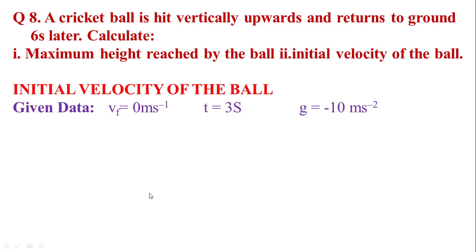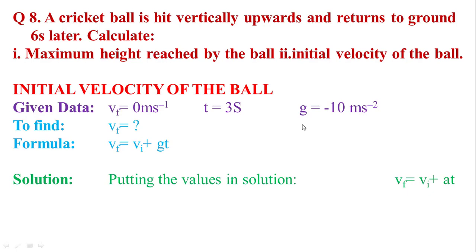Now the body moves upward, so the gravitational acceleration value is minus 10. So g is equal to minus 10 meter per second squared. Now to find the final velocity Vf, we write Vf is equal to Vi plus gt, the first equation of motion.